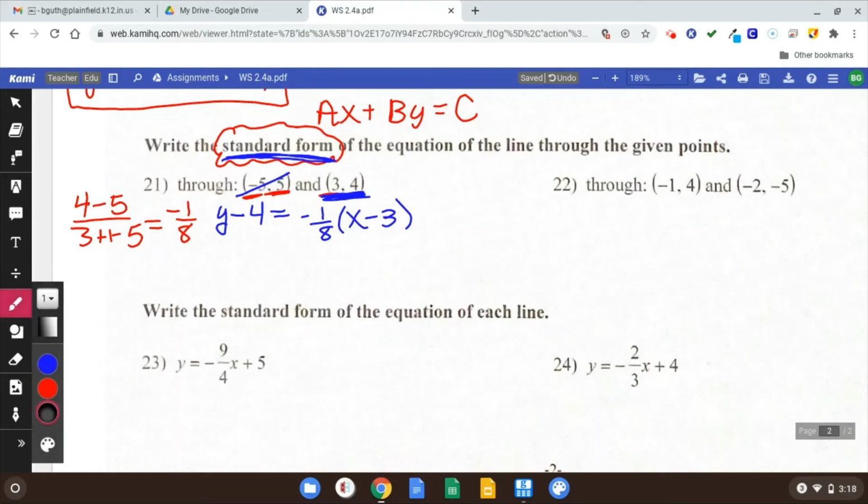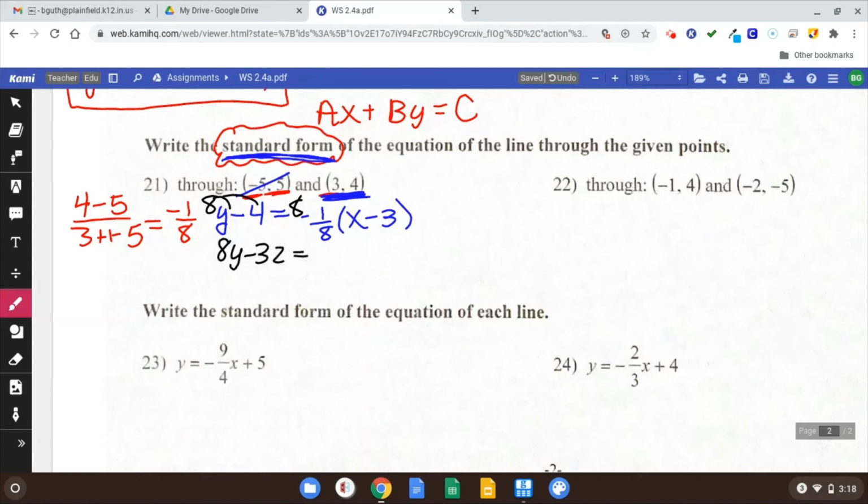We don't like fractions here, so let's multiply by 8 to get rid of those fractions. On the left side, we can distribute. We get 8y minus 32. On the right side, that 8 cancels. That was the whole point. You still have a negative 1 that needs to be distributed. Distribute the negative 1. That's going to give me negative x plus 3.